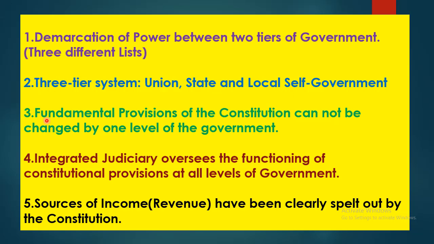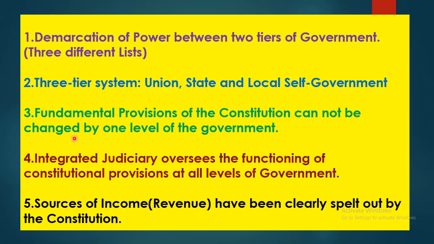Point number 3 says fundamental provisions of the Constitution cannot be changed by one level of government. This is also one of the features of federalism. That means the state governments are also taken into consideration.